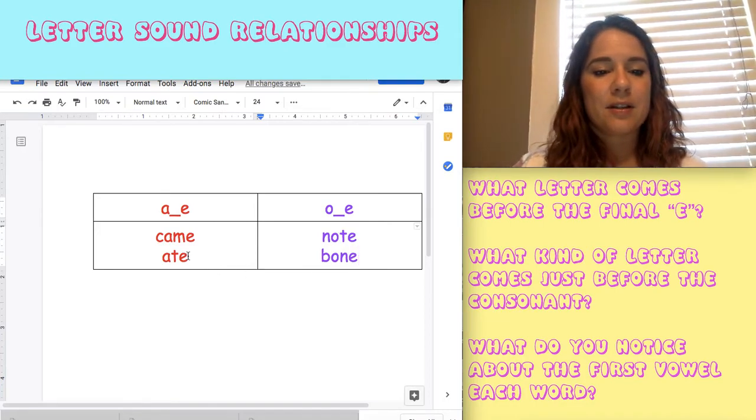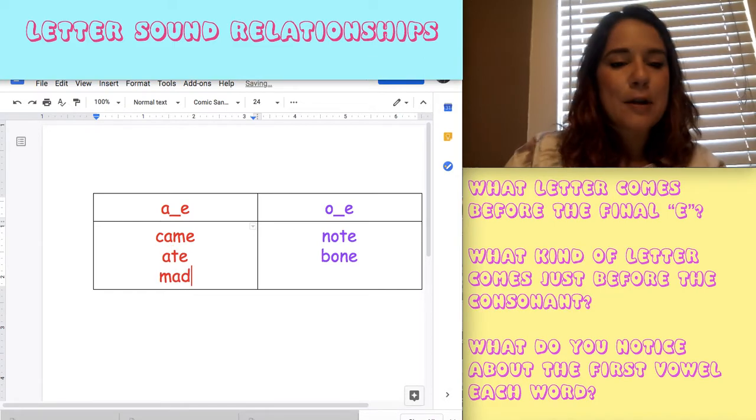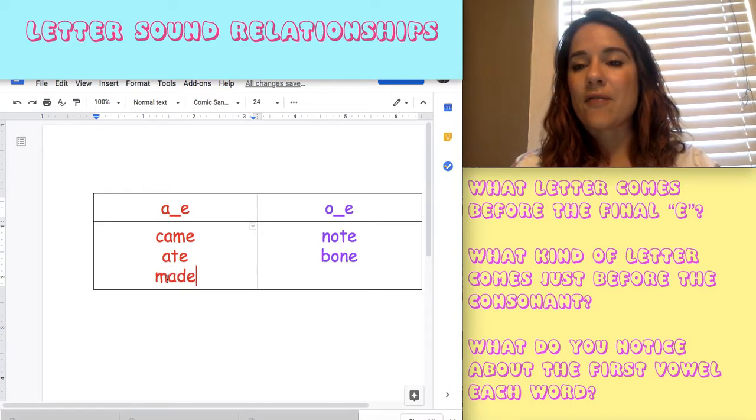I'm going to put in more words here. We have the word made, same thing. Notice the silent E here, and we have the long vowel A sound, made.